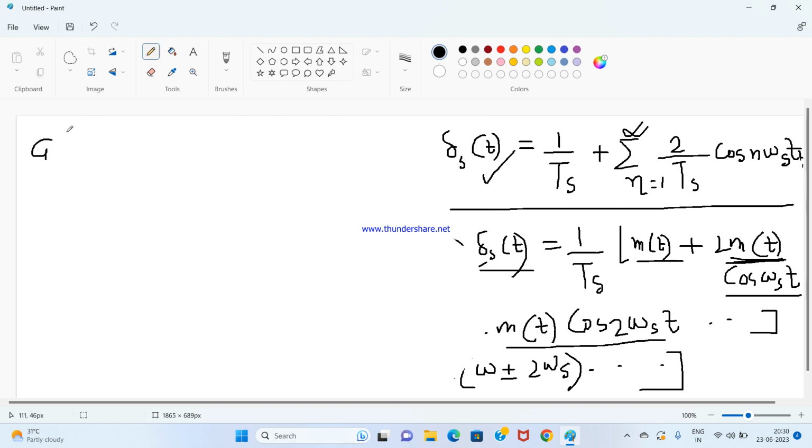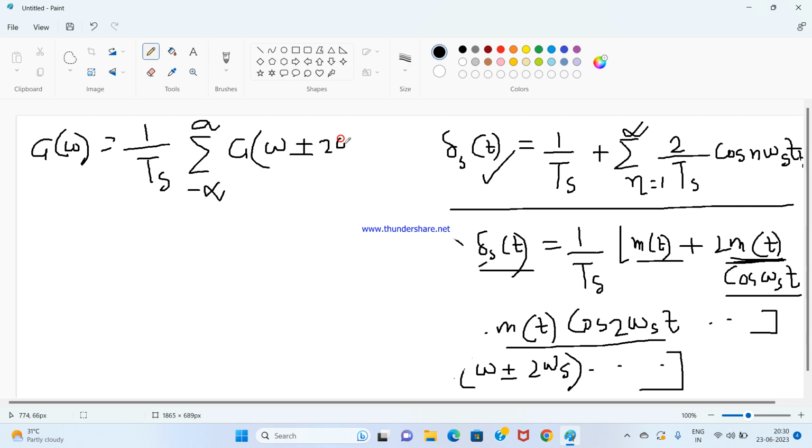This g omega I can write as 1 by Ts summation from minus infinity to plus infinity g of omega plus minus n omega s.